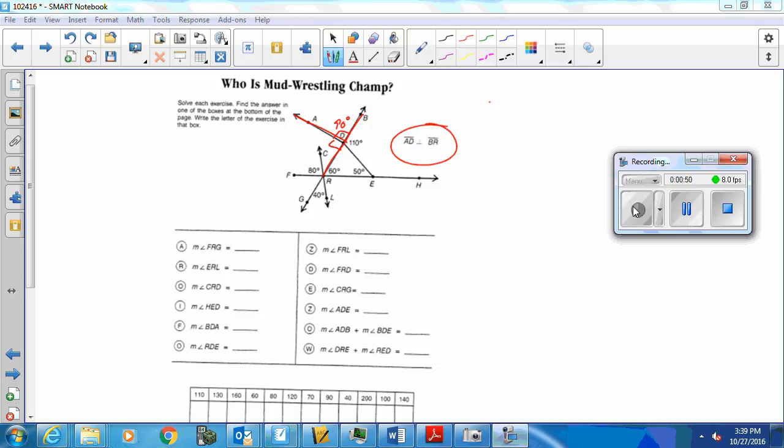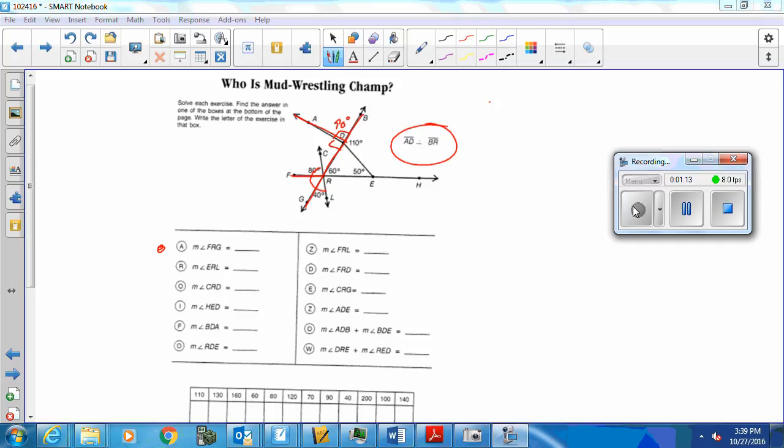Okay, let's just go over a couple of these. Let's look at FRG, this first one. FRG is going to be right here. If I look at this entire angle here, they all together add up to 180.